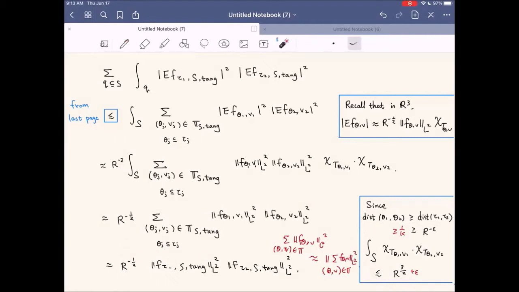Those calculations are standard for a restriction type problem in R2. I just want to review it and have a sense of how we use the properties of wave packets and how we use the bilinear assumption, the transversality.